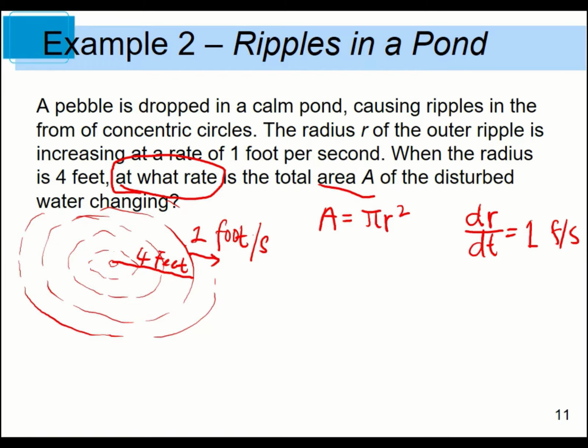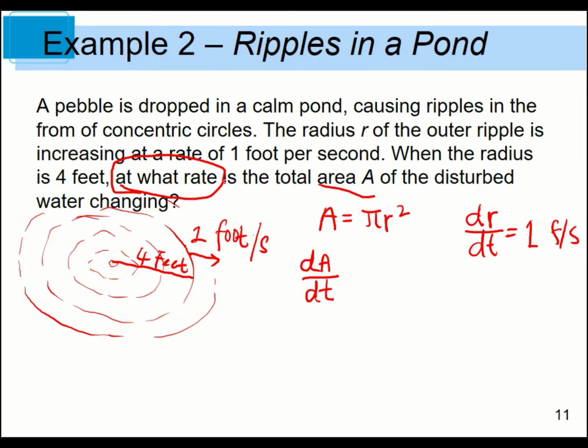Now what do we want? We want to find out the rate at which the area is changing, so we want dA/dt, the change of area with respect to time.